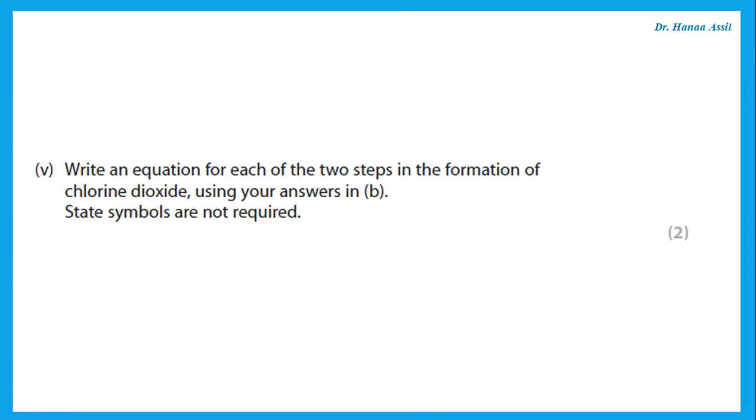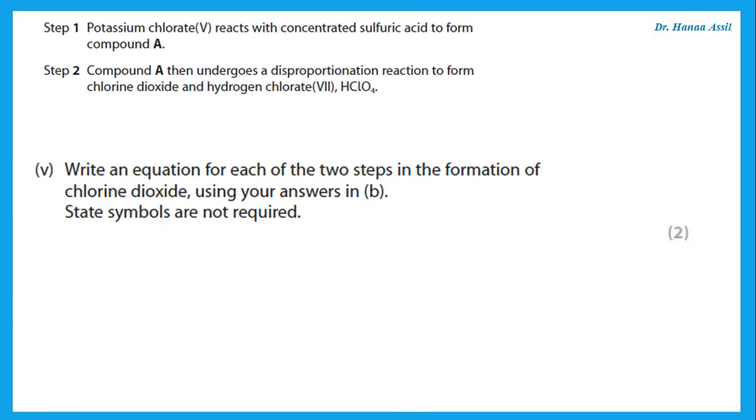Write an equation for each of the two steps in the formation of chlorine dioxide using your answers in B. So what are the two steps? The first step said potassium chlorate reacts with concentrated sulfuric acid to form compound A. We already determined that A is HClO3.